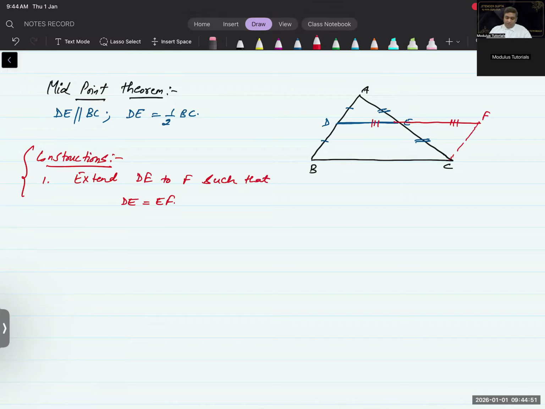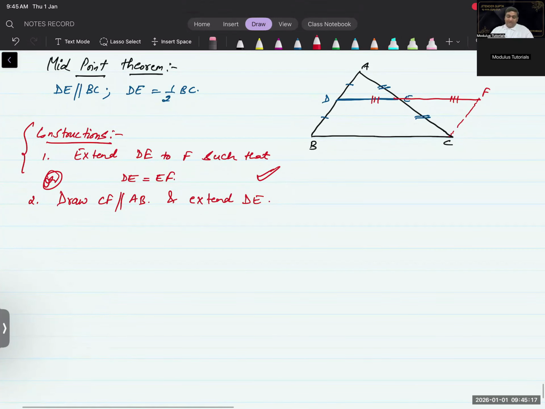That's one way of doing it. If you don't like it, you can also draw CF parallel to AB and simply extend DE so that the intersection happens. It's up to you which way you want to do it. So let's do it by the first construction itself.